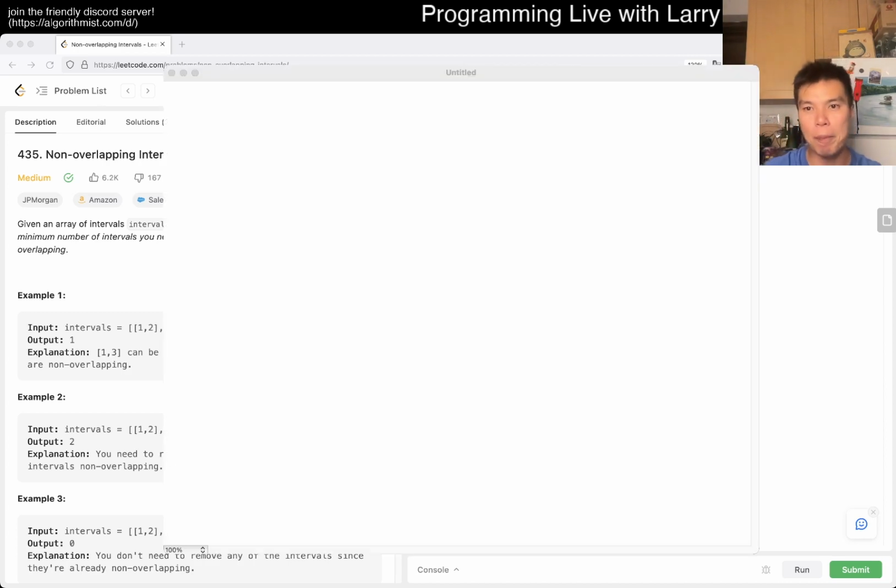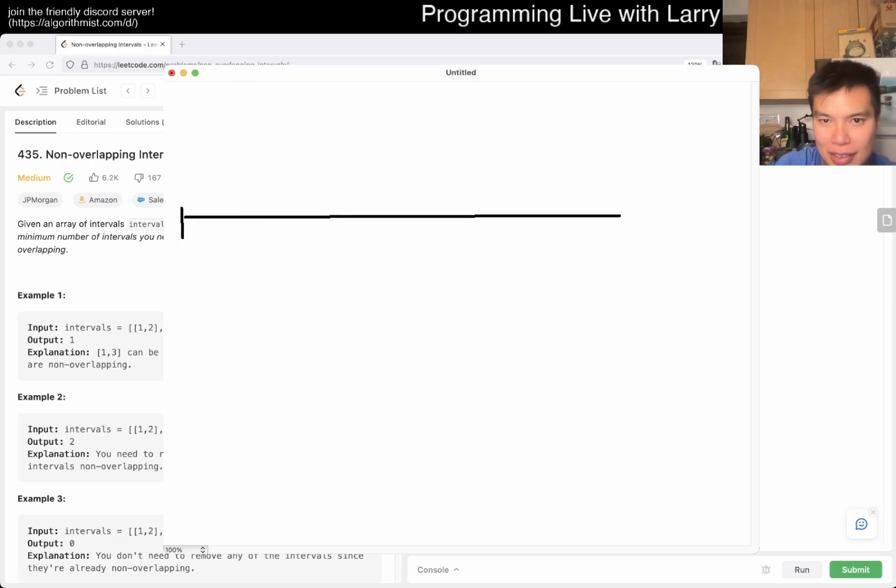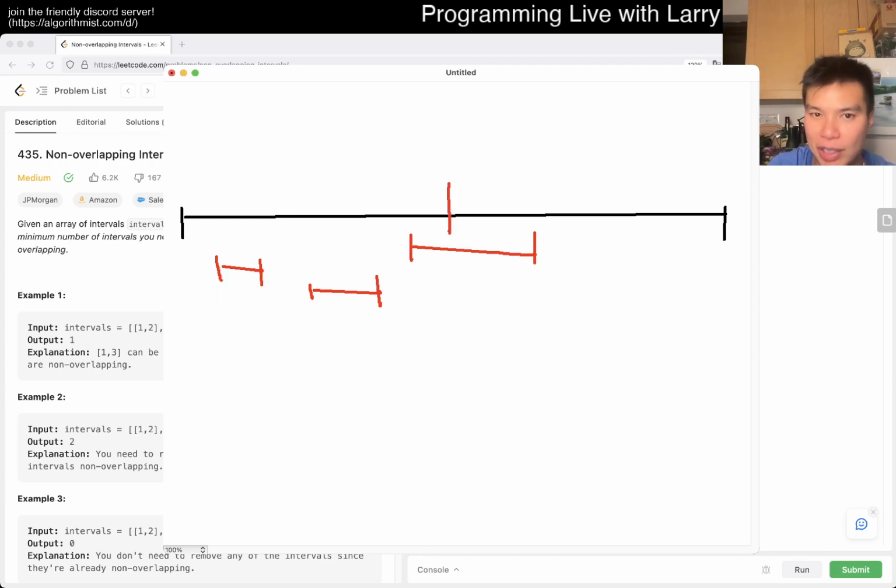Okay, so let me start, not all over, but from the part where I said, let's say we have a line, right? And we have a lot of segments, and let's say the last segment that we care about was this one, right? Because of this one, and we're going from left to right, by definition, the other segments we're considering will be after that.